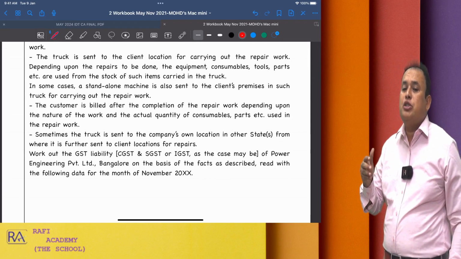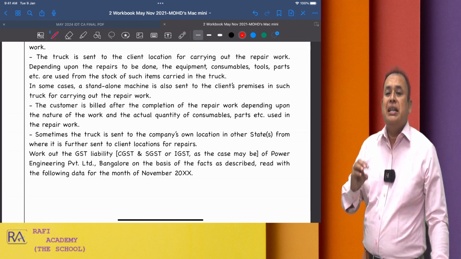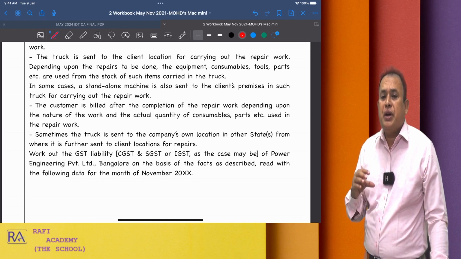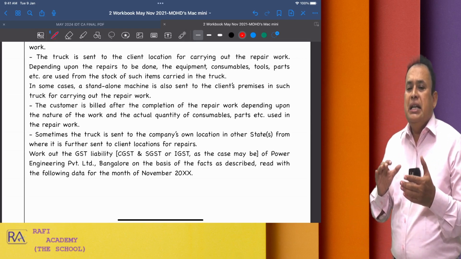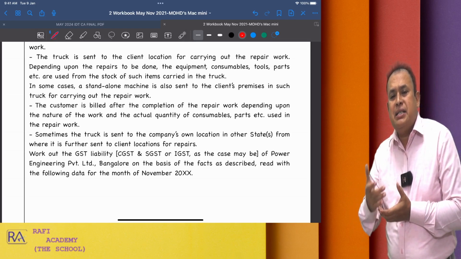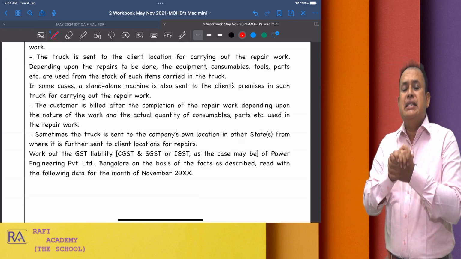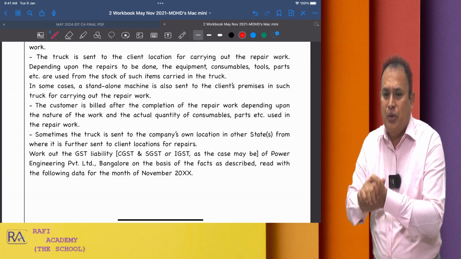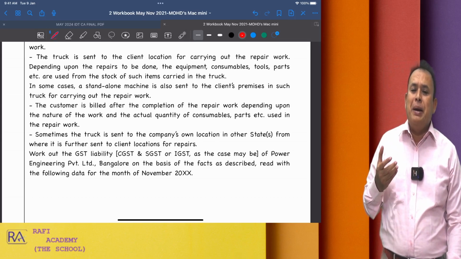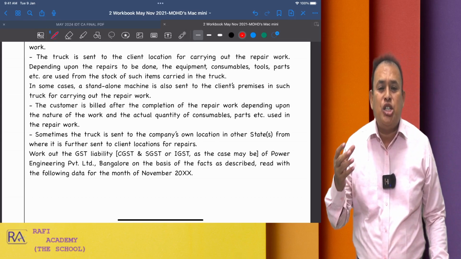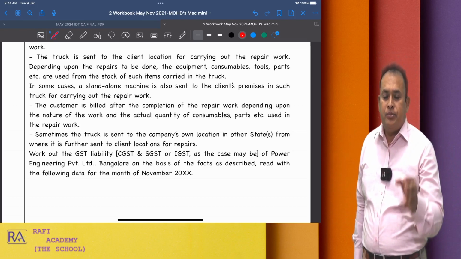Depending upon the repairs to be done, the equipment, consumables, tools, parts, etc., are used from the stock of such items carried in the truck. In some cases, a standalone machine is also sent to the client's premises in such truck for carrying out the repair work. The customer is billed after completion of the repair work depending upon the nature of the work and the actual quantity of the consumables, parts, etc., used in the repair work.